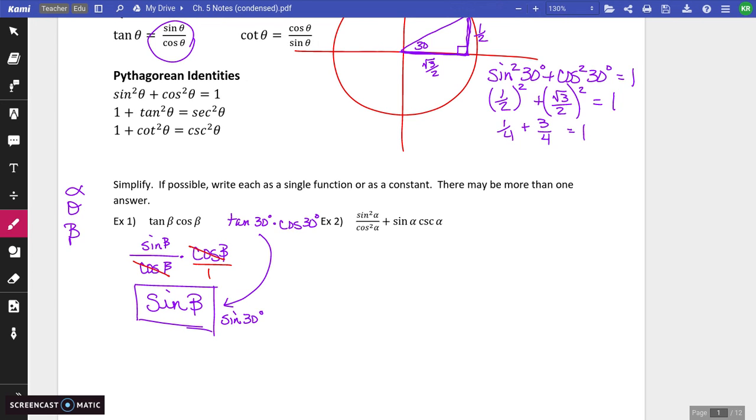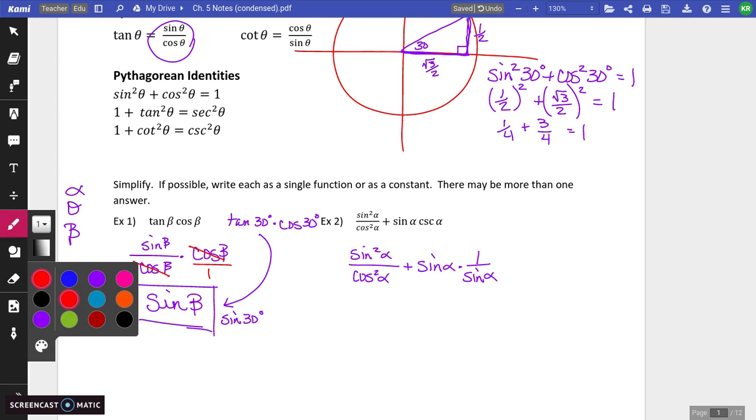Well, let's try rewriting cosecant using sine and see if that is helpful. Okay, so I have sine squared alpha over cosine squared alpha plus sine alpha. Now, cosecant is the reciprocal of sine, so that would be 1 over sine alpha.